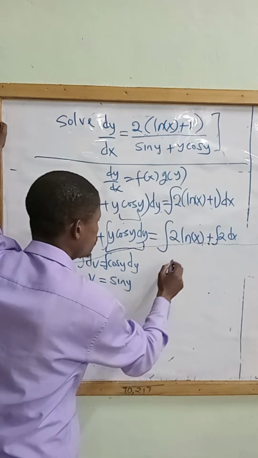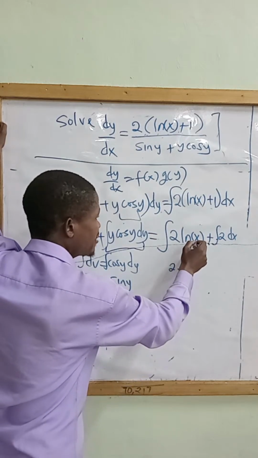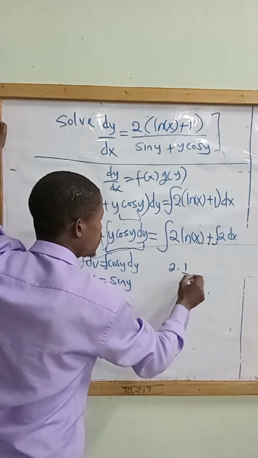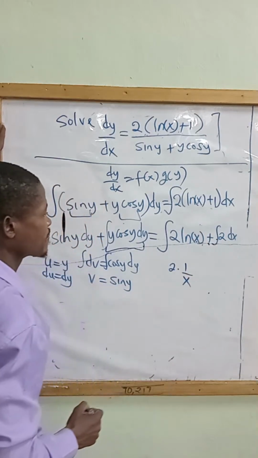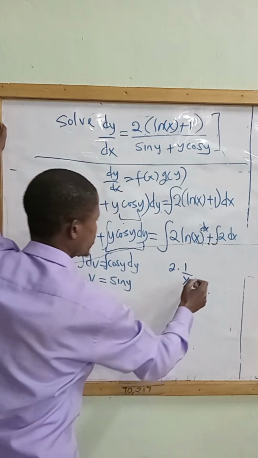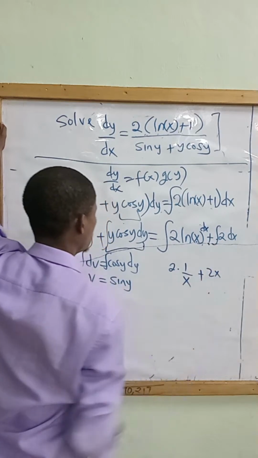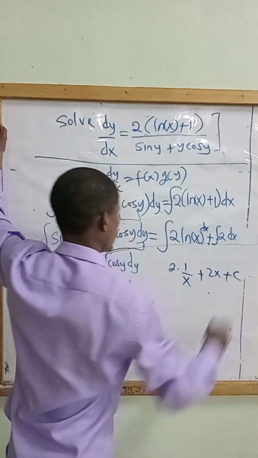This will be equal to 2 times the derivative of the inner function, which is 1 over the function itself. Don't forget the x here. Then plus 2x, and finally plus c.